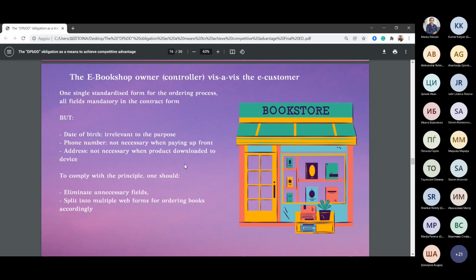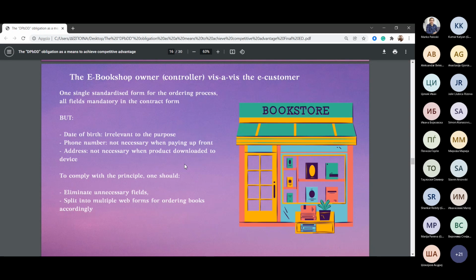But what we have here, the date of birth is irrelevant to the purpose of purchasing a book from the electronic bookstore. The phone number is not necessary when paying upfront. Where also the address is not necessary when the product is being downloaded to a device.